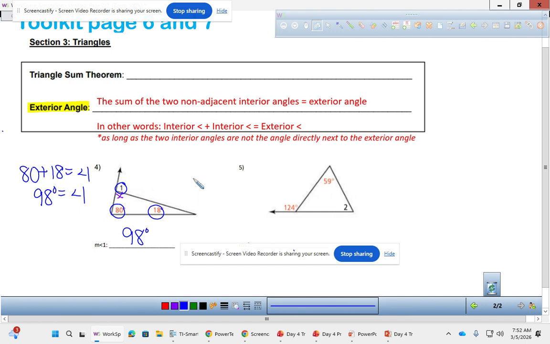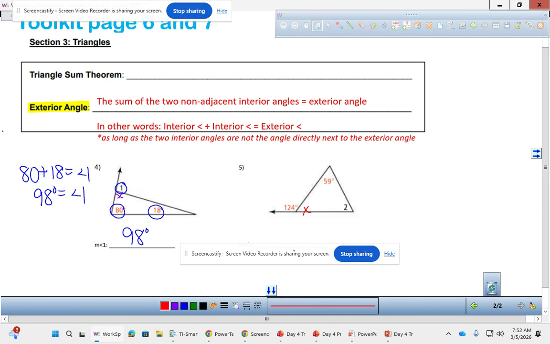All right, so let's look at this next one. The angle I would not be able to use in this theorem is this one, because the 124 is my outside angle. I wouldn't be able to use the one directly next to it, so I'm crossing that one off. X probably isn't the best thing to use here, because you might be thinking I'm solving for that, but I'm saying we can't use that one.